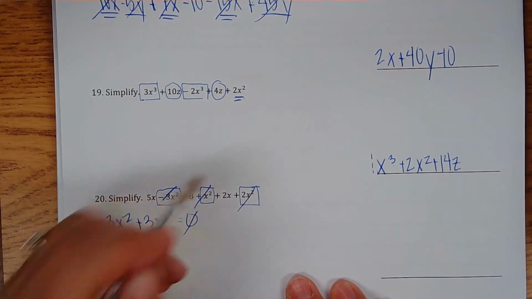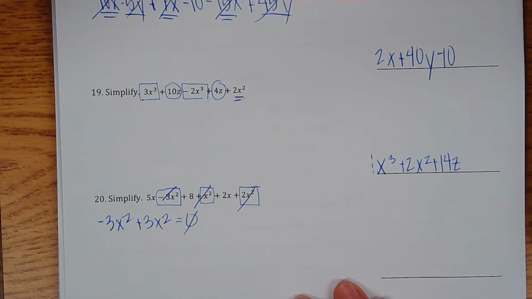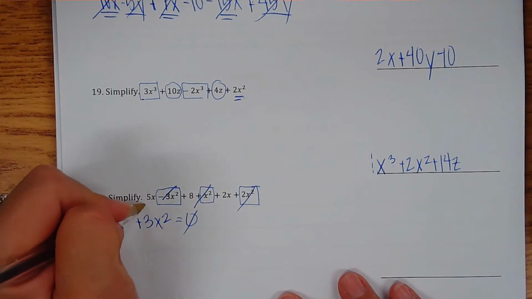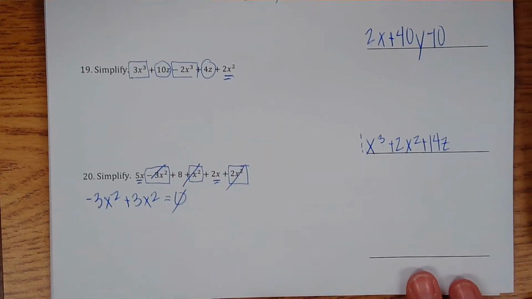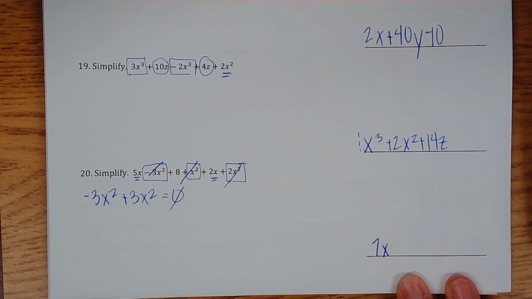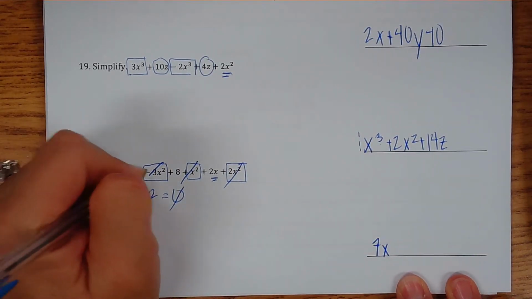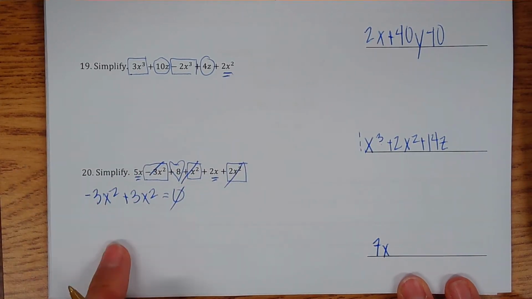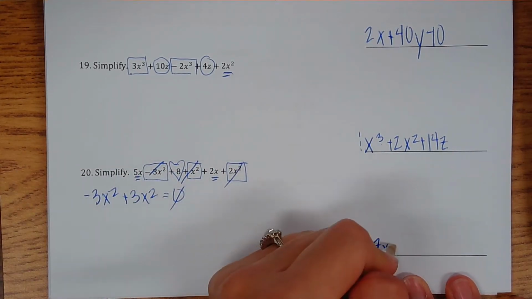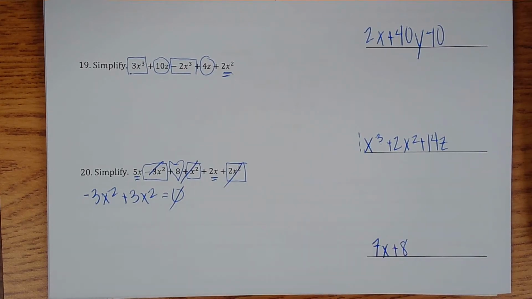So these all go away. Then I'll move to my x's. I have a 5x and a 2x. Well, 5 plus 2 isn't too bad, 7x. And then lastly, I have my constant that again is all by himself, so I will just bring down that positive 8.